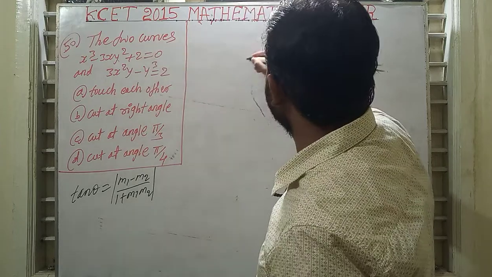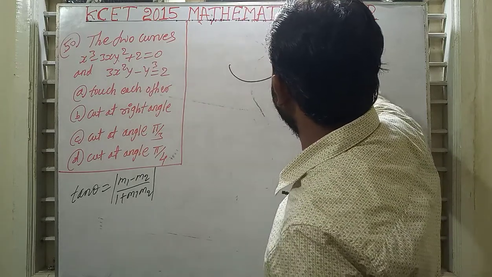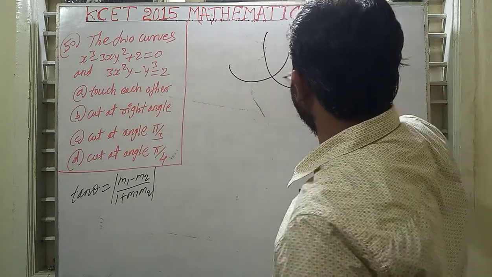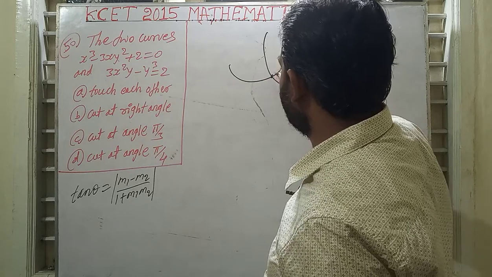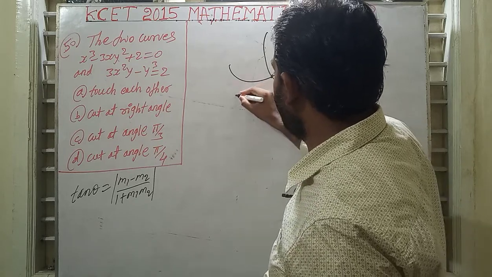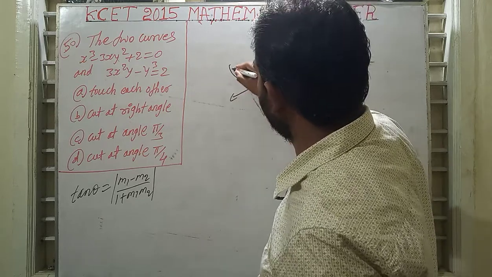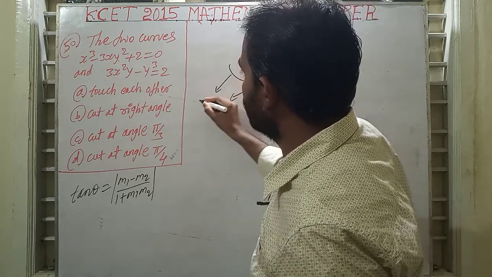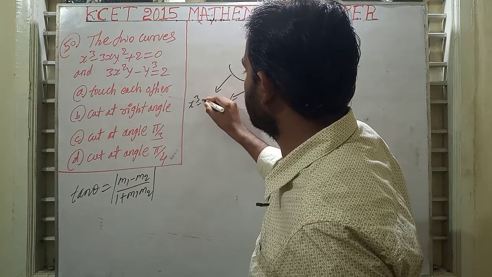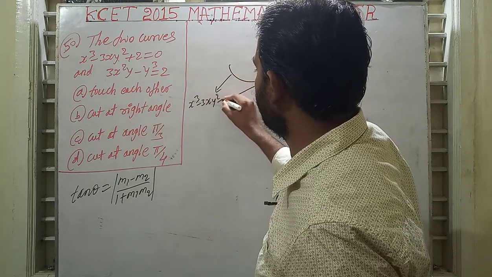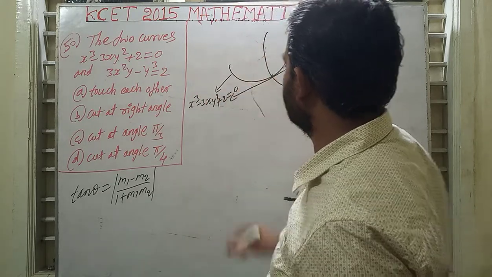This is one curve, this is another curve. Angle between the curves means angle between the tangents. This is curve 1's tangent. Curve 1 is x cube minus 3xy square plus 2 is equal to 0.